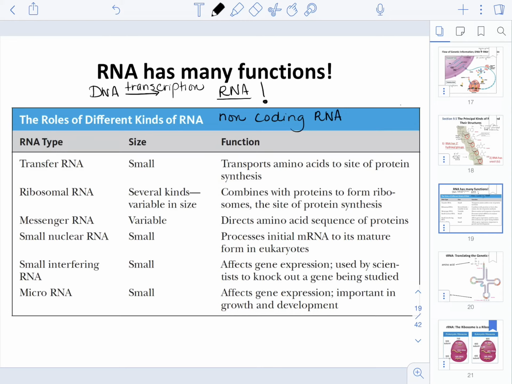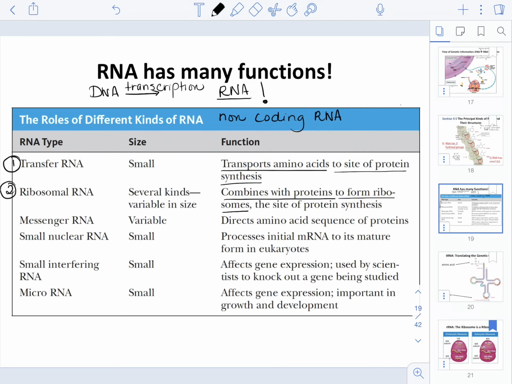So let's discuss the different types of RNAs that you need to be familiar with in this course, starting with transfer RNA. As you can see, transfer RNA is going to be important in the transport of amino acids to sites of protein synthesis. We are also going to be talking about ribosomal RNA, which is the RNA that combines with proteins to form ribosomes that are active.